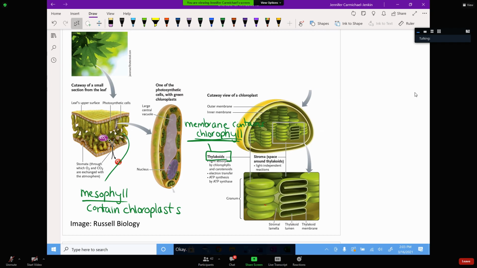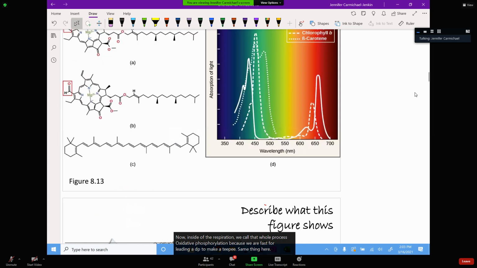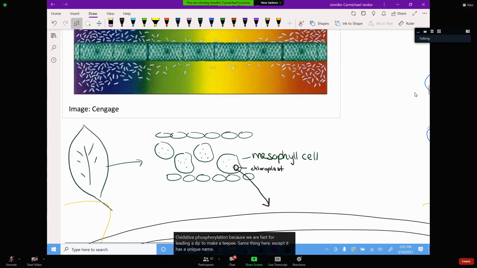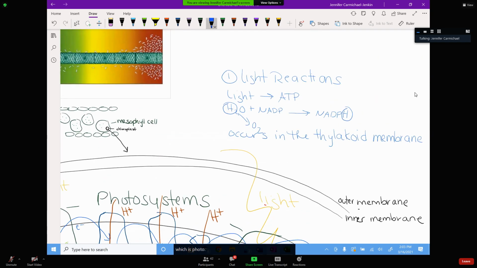Okay. Now, in cellular respiration, we called that whole process oxidative phosphorylation, because we are phosphorylating ADP to make ATP. Same thing here, except it has a unique name, which is photophosphorylation.